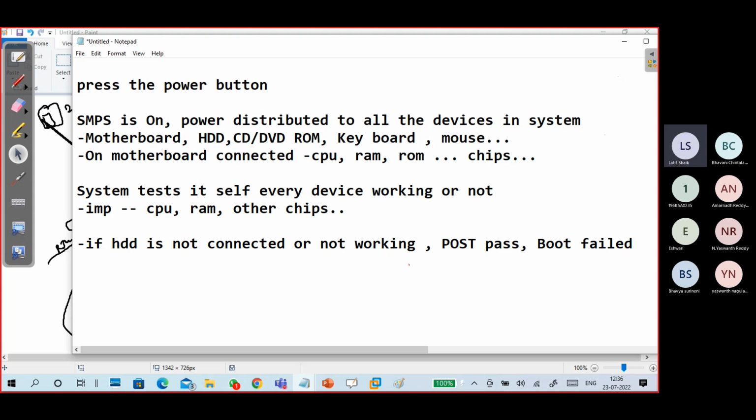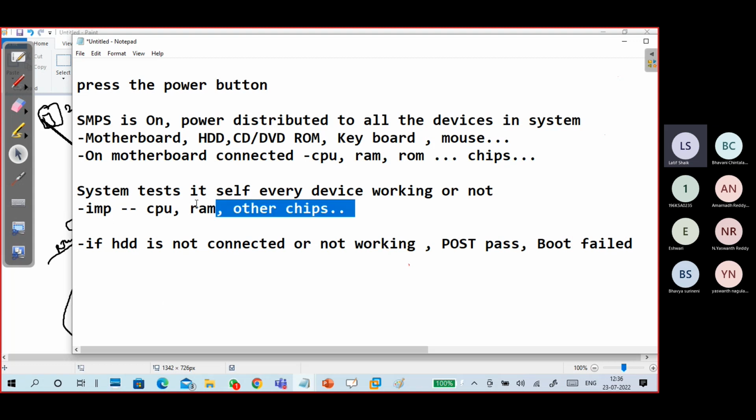Okay, OS is in the hard disk, possible bootable failure, so you cannot do anything. Your hard disk is not working, your OS is not loading, so you can't do anything. It's very simple, but post is successful. So understand guys, each case having different kind of outcomes. Okay, so this is the thing.